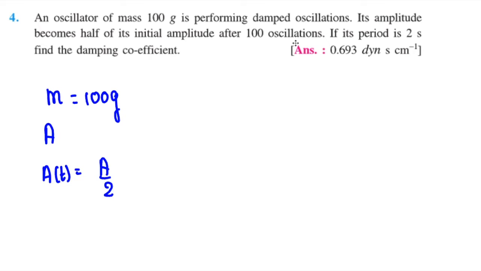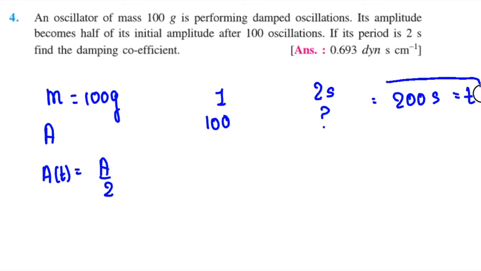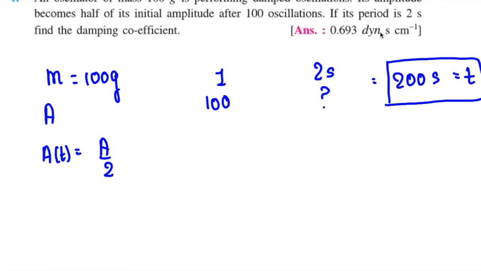If its period is 2 seconds, that means the time to complete one oscillation is 2 seconds. So after 100 oscillations, the time passed will be 100 into 2, that is 200 seconds. That is my time. Find the damping coefficient.